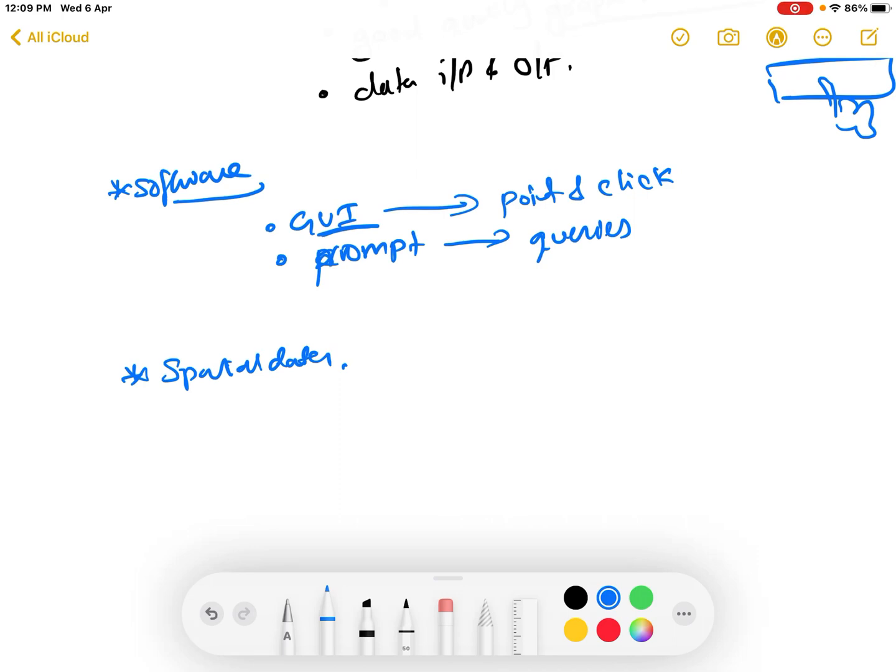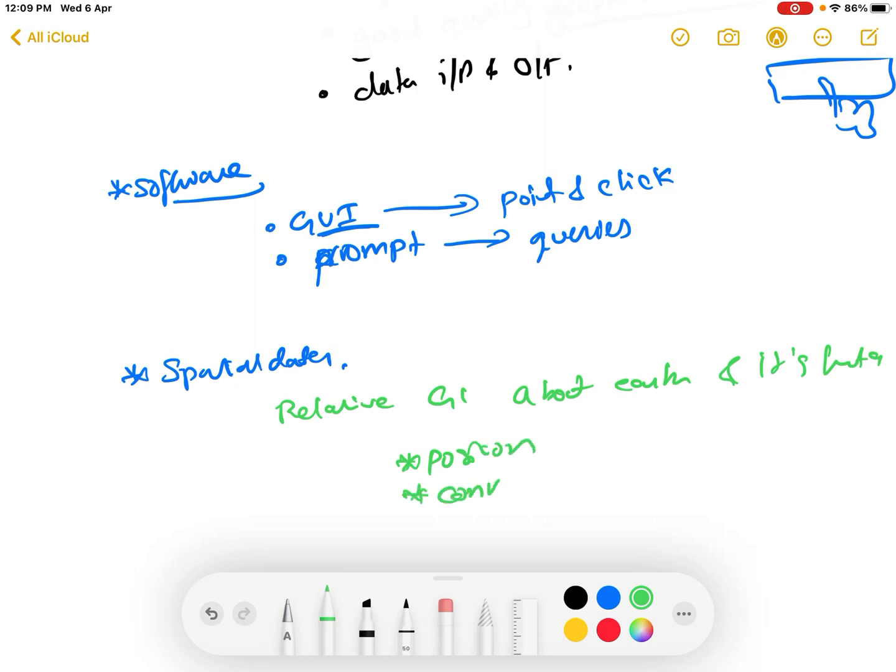What is spatial data? Spatial data is relative geographical information about Earth and its features.